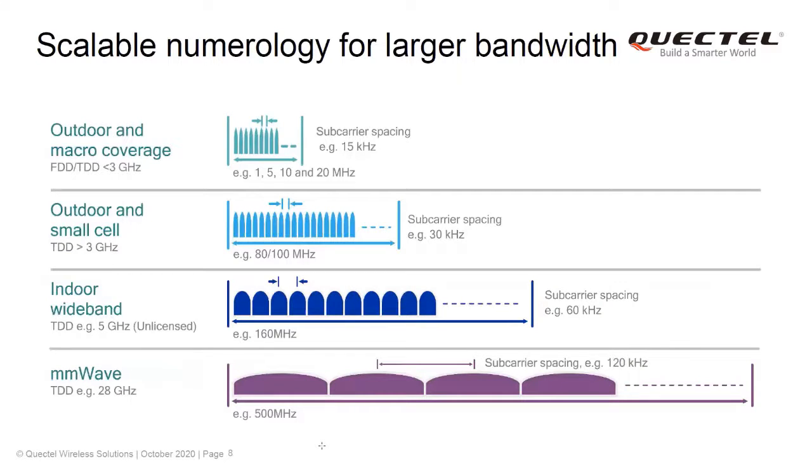Scalable numerology refers to the bandwidth in the subcarrier spacing. More exactly, different frequencies allow for different bandwidths, and if this subcarrier spacing is scalable, then you can fit different application scenarios and different frequencies, so they can be compatible.